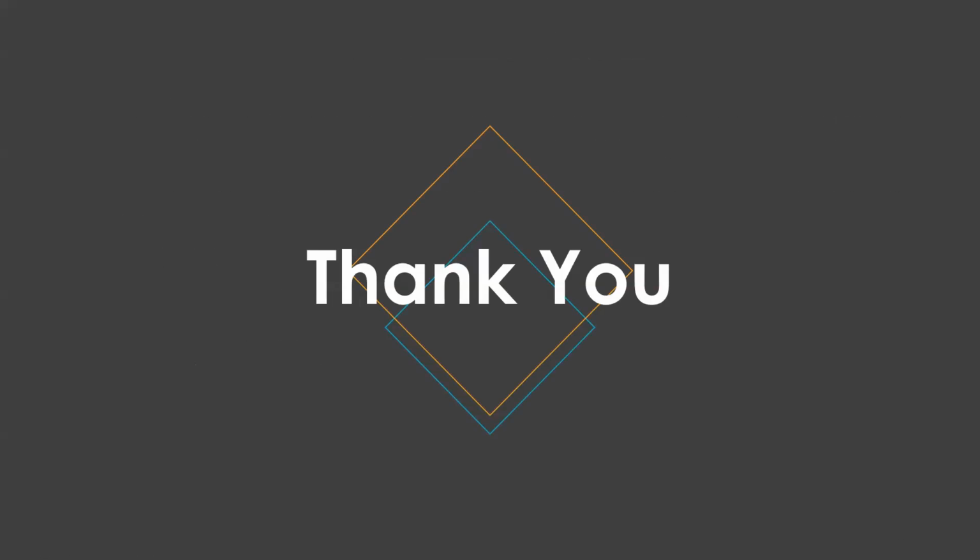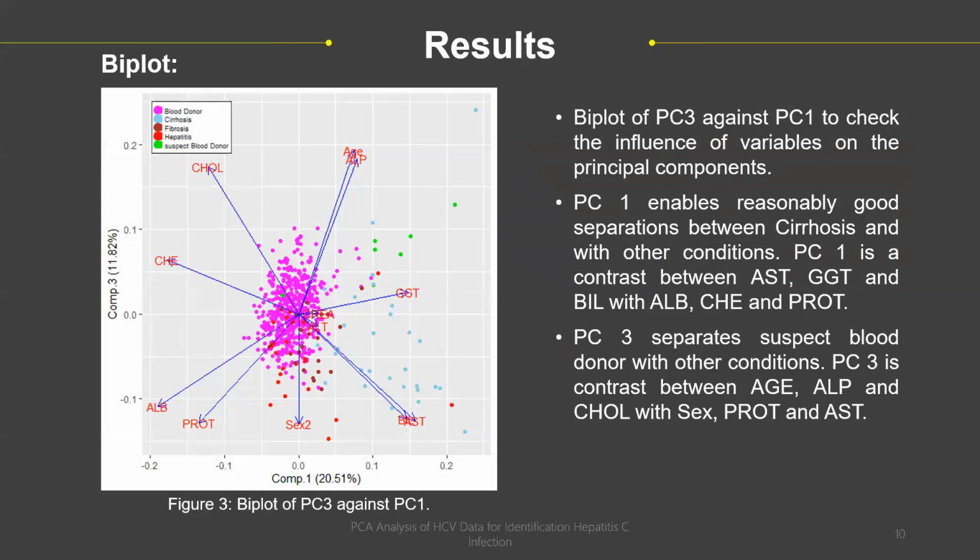Can I look at the bar plot? Okay. So those with hepatitis are the red ones. Yes. So they are a bit mixed up with the normal blood donors, right?